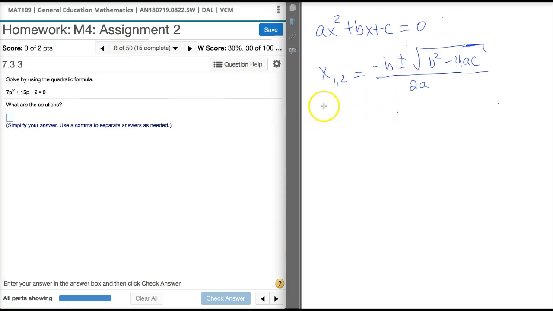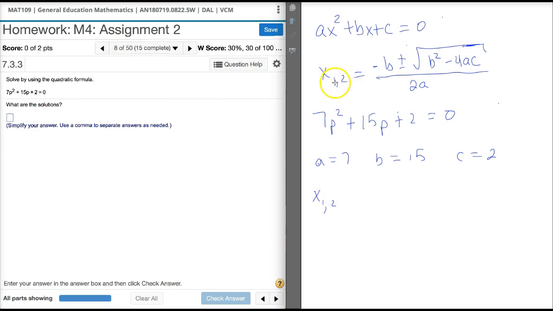The important thing is to identify A, B, and C. A is always the number next to the x squared, B is the number next to x, and C is the number by itself. Since our x's are p's, A is 7, B is 15, and C is 2.